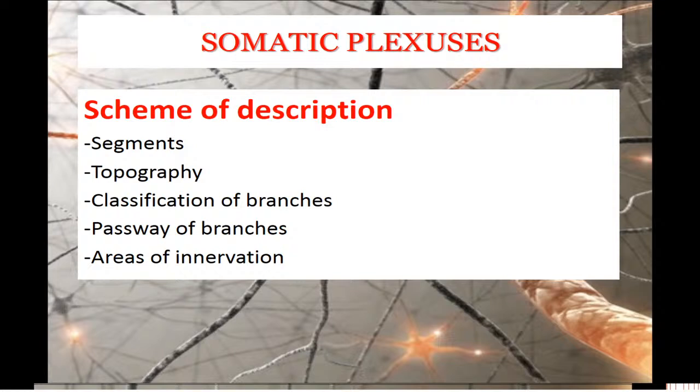Then you have to talk about the topography, meaning location, like the holotopy of organs. You have to describe in which part of the body the plexus is located, maybe its projection to some vertebrae. Next you have to tell about the classification of branches, pathway and topography of branches, and of course areas of innervation.